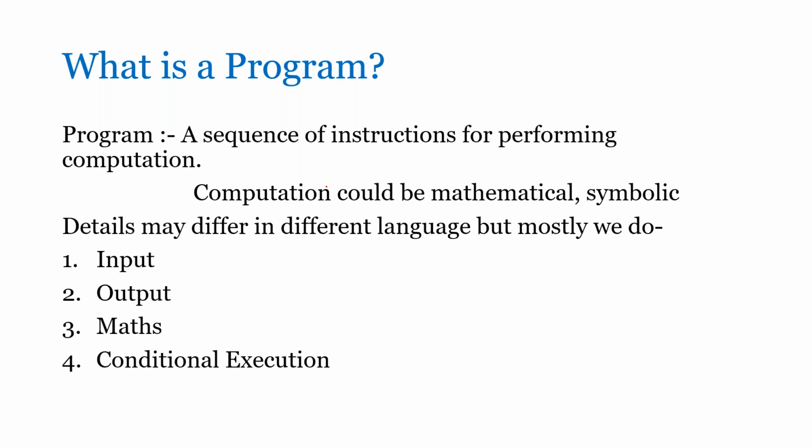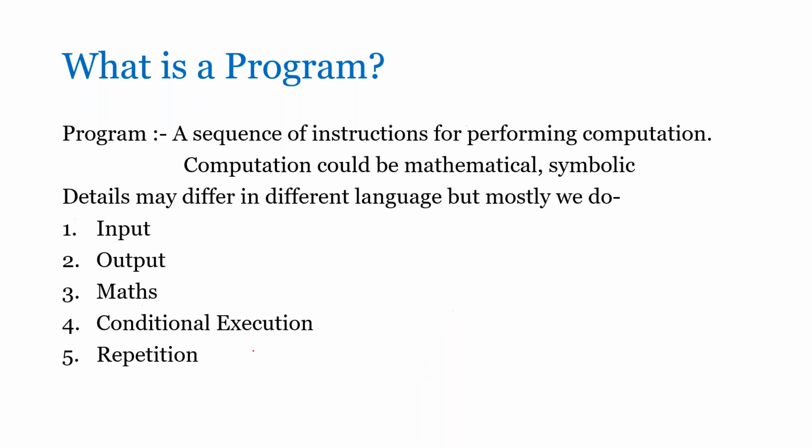If this condition matches, then you should do this computation. If this condition does not match, you execute that. You remember this, right? That is conditional execution. And then you do repetition. You want to add 1 plus 1, and then whatever is the result you want to add 1 to it, and then whatever is the result you want to add 1 to that again.